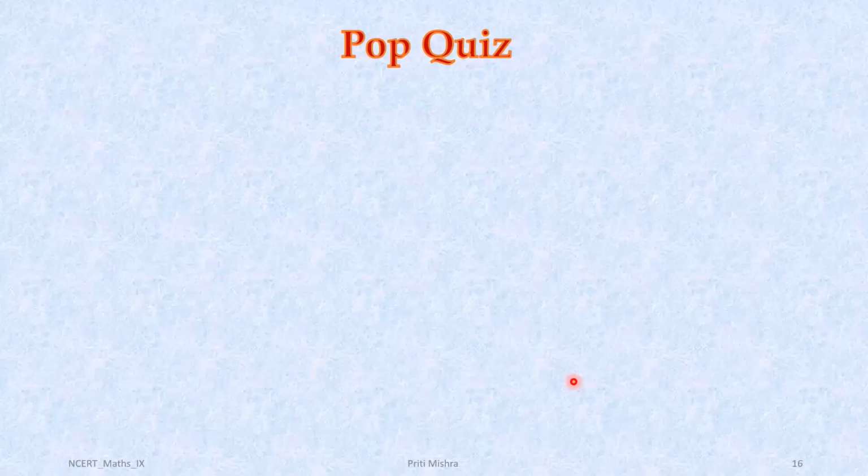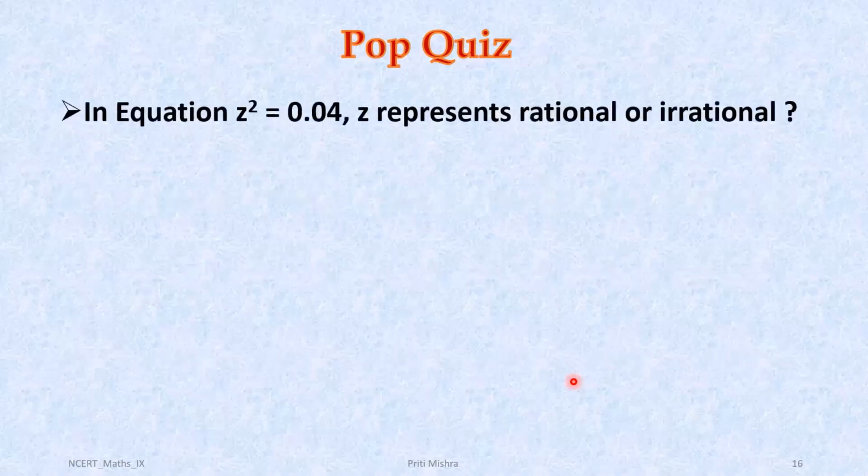Get ready for the pop quiz now. Question number 1: we have the equation z square is equal to 0.04. Does z represent a rational or irrational number? Just solve this equation.